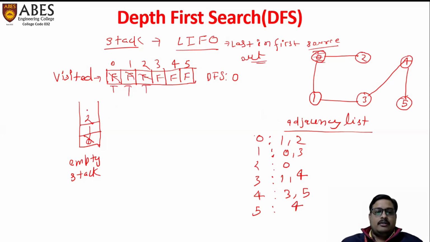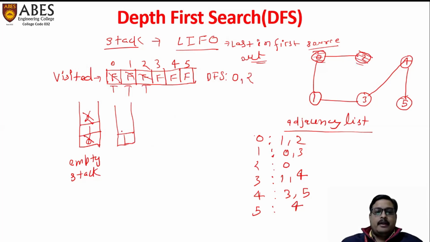Okay. Now we'll just pop 2 from the stack. We'll remove this and add it to the DFS. And now 2 is visited, traversed. After this, the status of our stack will be only 1.